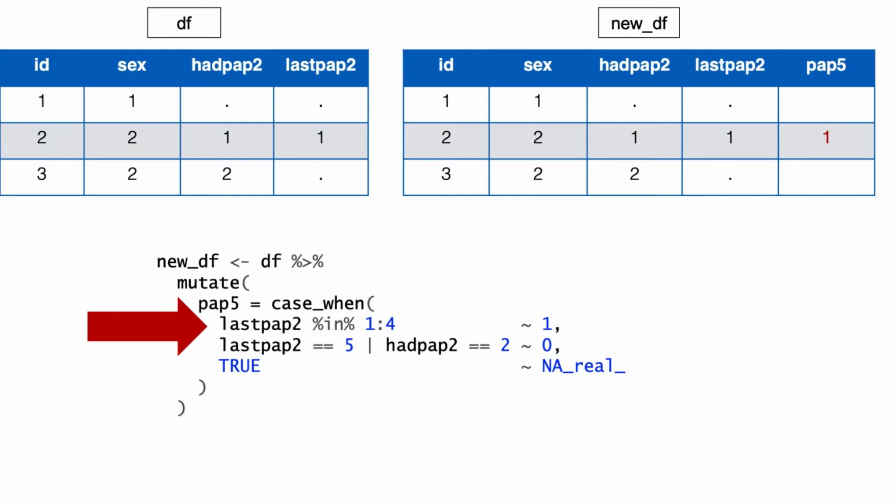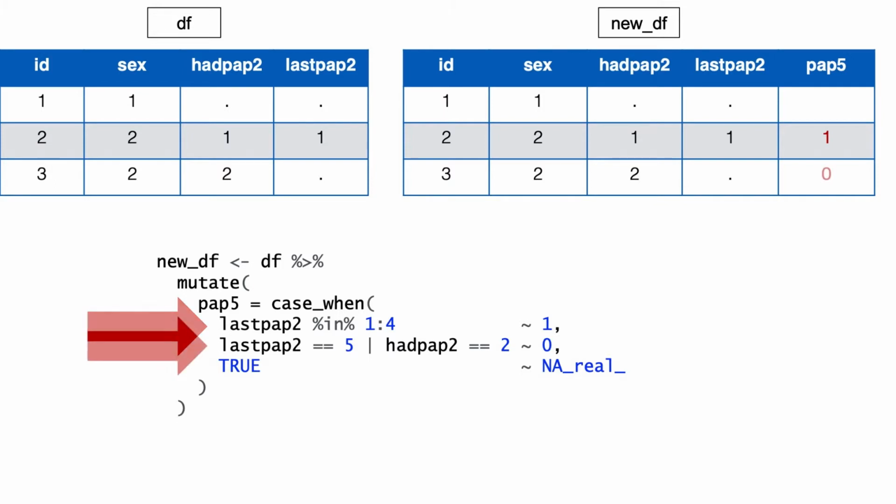In other words, any participant with a value of 1, 2, 3, or 4 for last PAP2 was a woman who had a Pap test in the last 5 years.